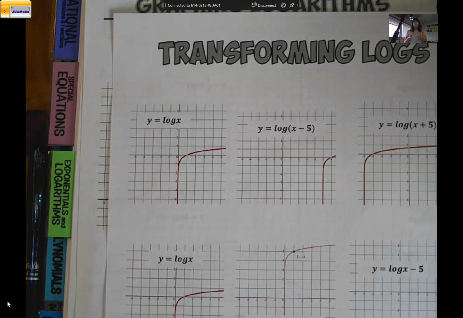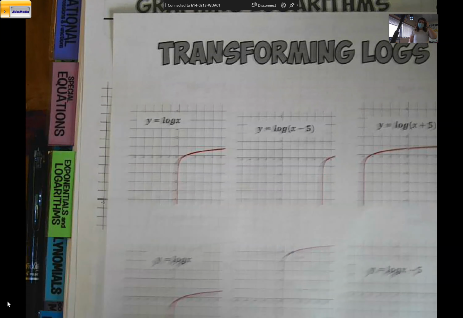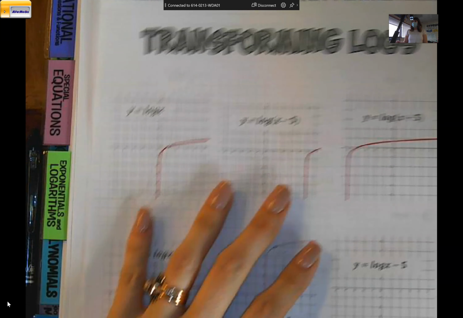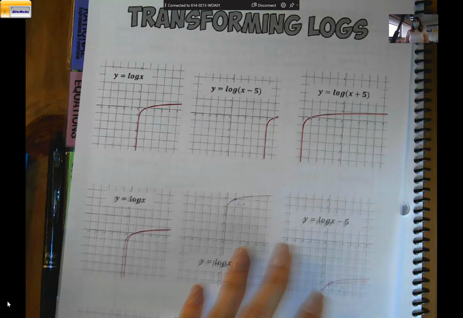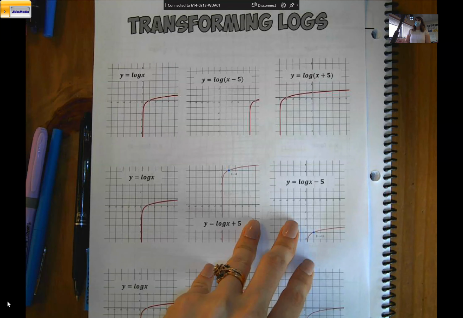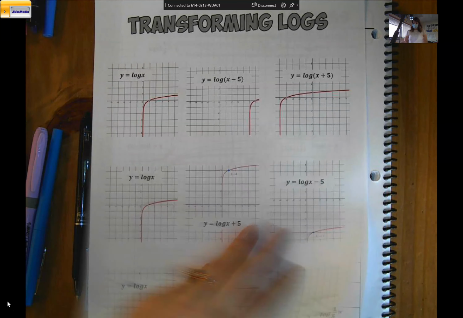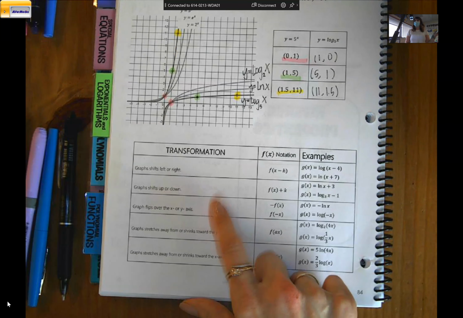We just have to make sure that we know where in the equation each transformation is. In order to investigate that, we're going to go through this paper. This paper is probably what you're going to refer to on your quiz more than this table here. So our first one, like I said, is our parent function.